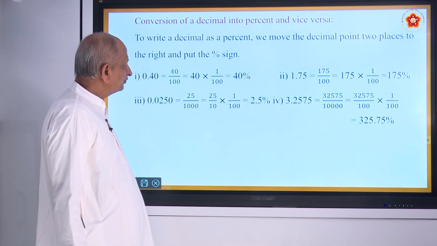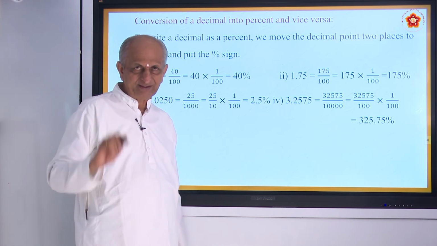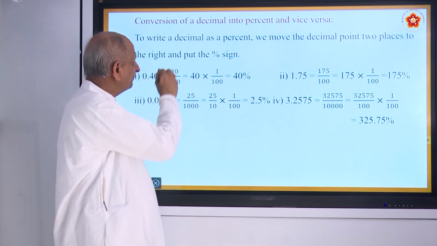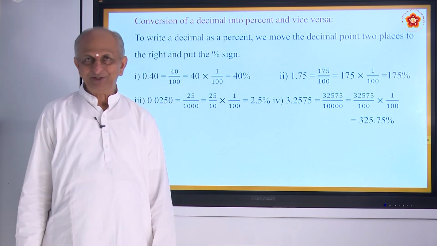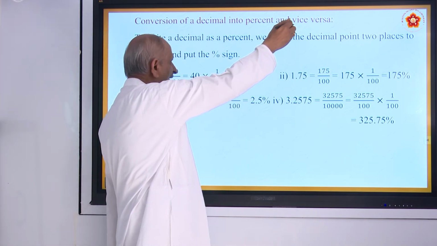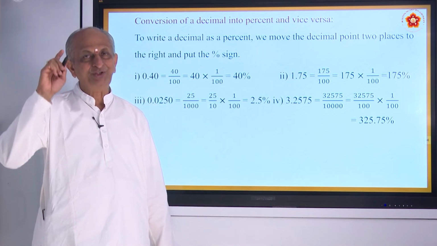Now, we have seen how to convert a fraction into percent, percent into fraction, decimal into percent, percent into decimal. That is what is called vice versa, meaning reverse also is true.